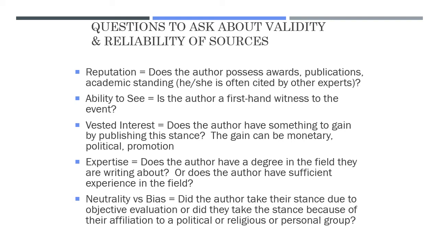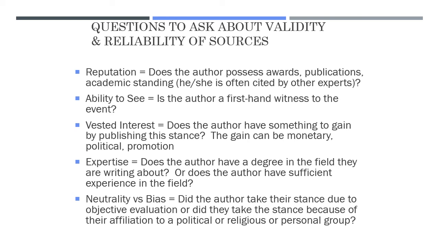It means that the author wrote this piece, they published this specific stance because they have something to gain by taking this stance. Now, the gain can be financial, the gain can be political, they might be looking for a promotion in their job, there's different things. So think of a politician who's up for re-election and they're suddenly for something that they've never talked about before. But it's because they know this is going to help them win re-election. Do they really believe in this stance, or is it just for political gain?